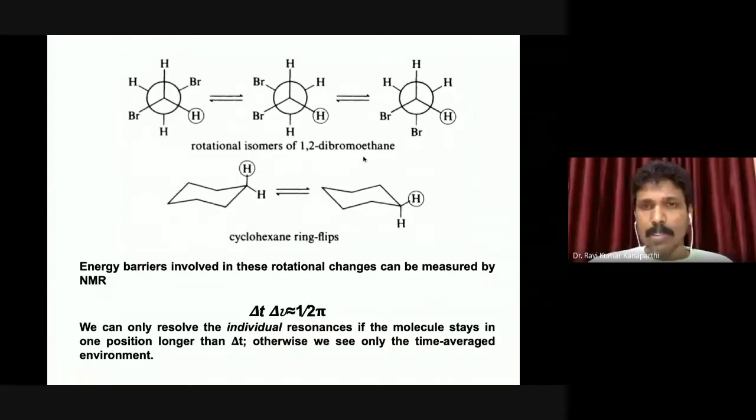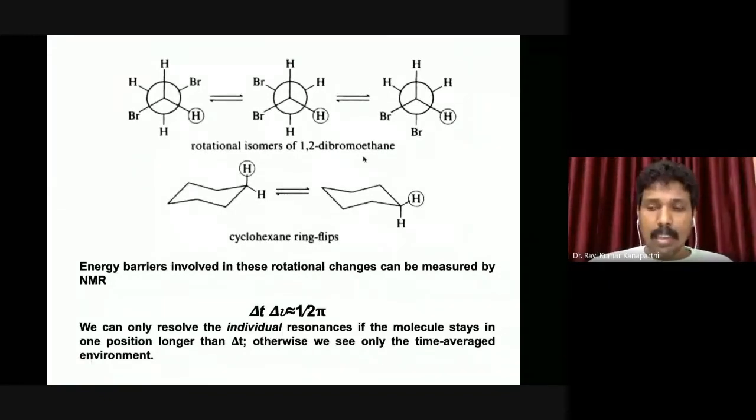Previously I explained 1,2-dibromoethane, and in the previous slide I explained DMF, with restricted rotation giving two different chemical shift values for the methyl protons. NMR was used in the older days, and even now many people use it to calculate energies, especially for ethane derivatives.